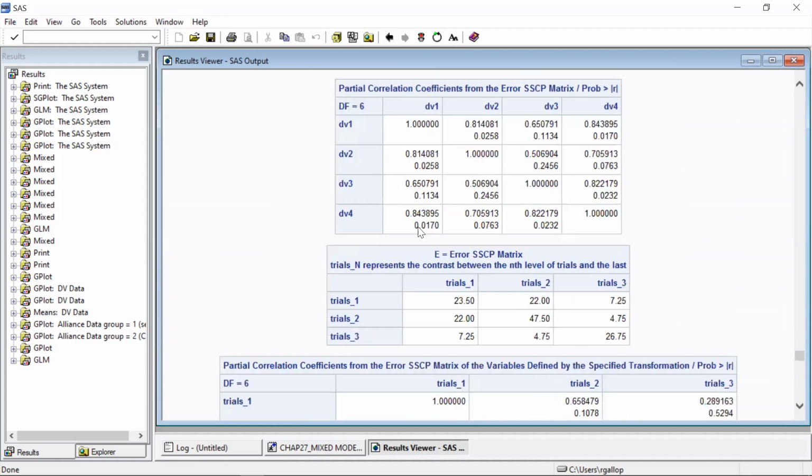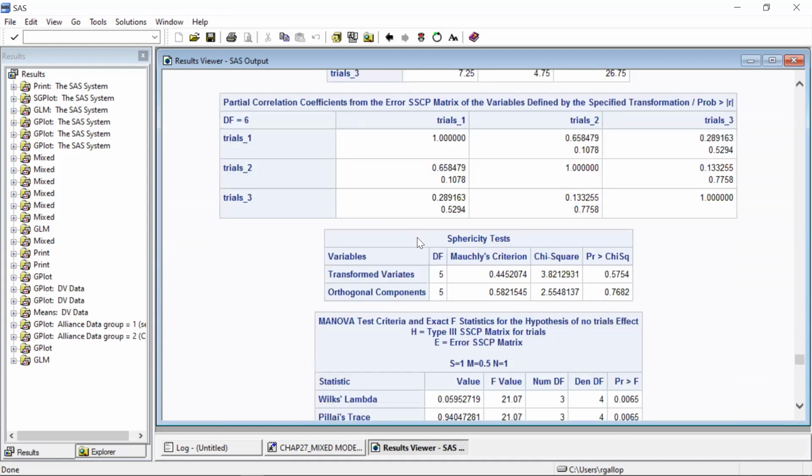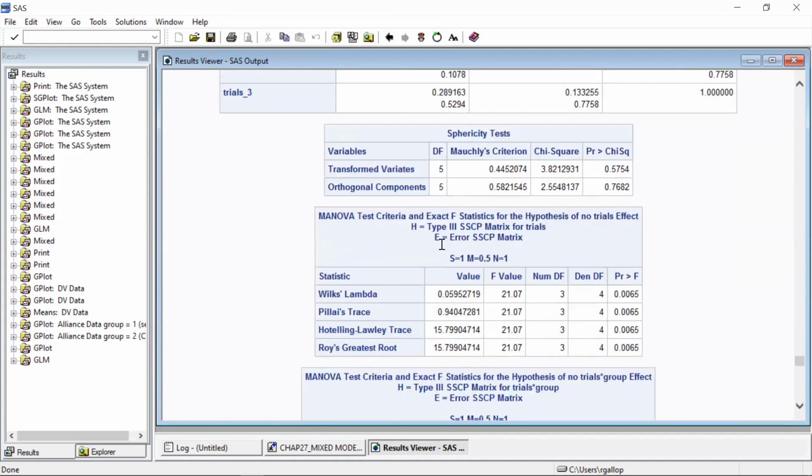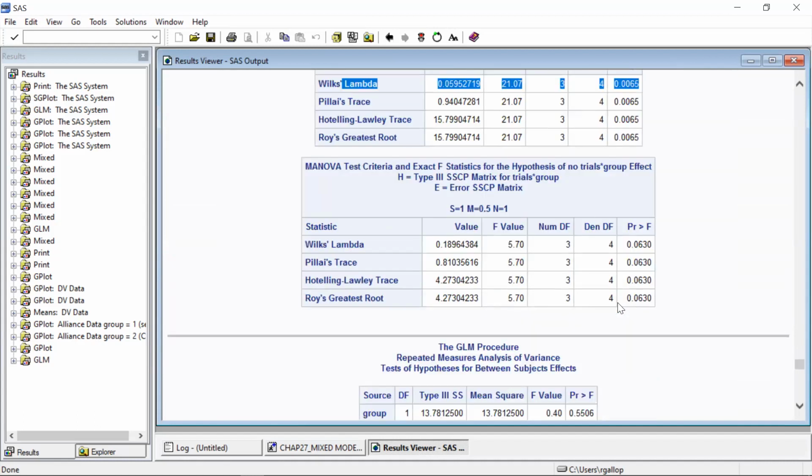Coming down from the top, it shows us a little layout of the variance covariance matrix. Here we have the effect of time. Most people lean on the Wilks' lambda as the test statistic under this platform. We see a significant time effect, which doesn't come as a shock.